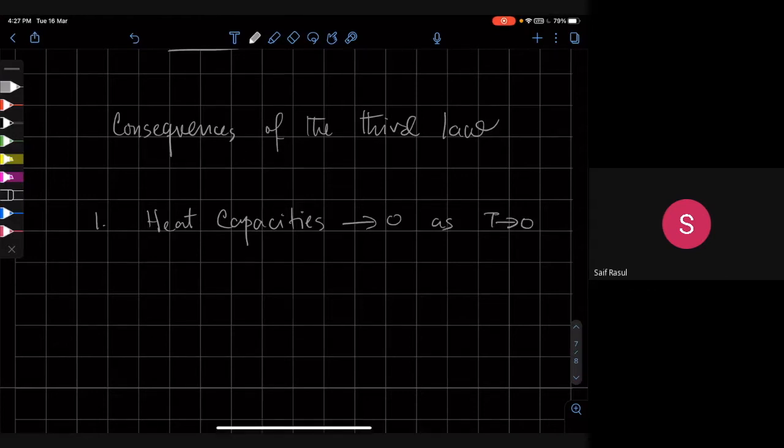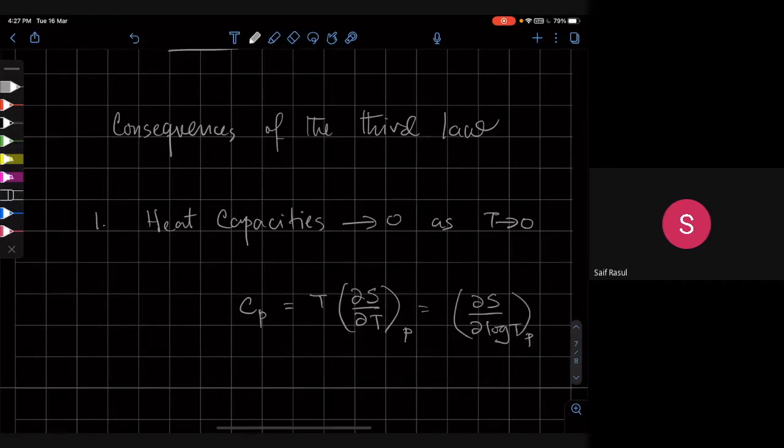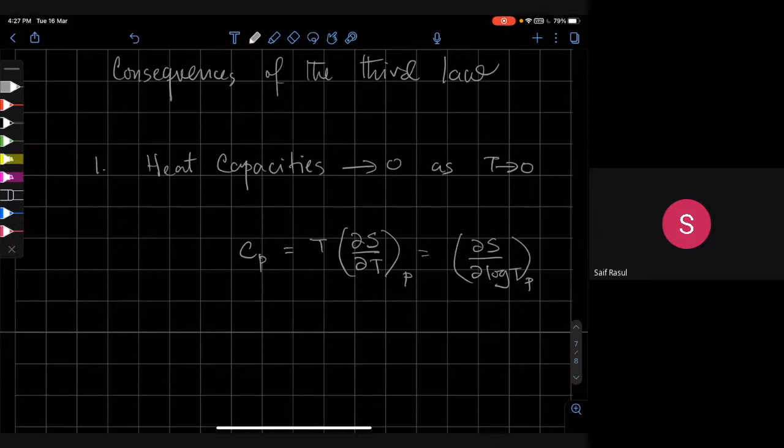So for example, we can take Cp, and Cp is given by T dS/dT at constant P. And this is given by dS/d log T. So we see that as T goes to 0, log of T goes to minus infinity.